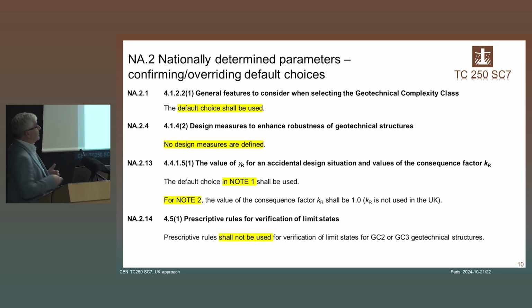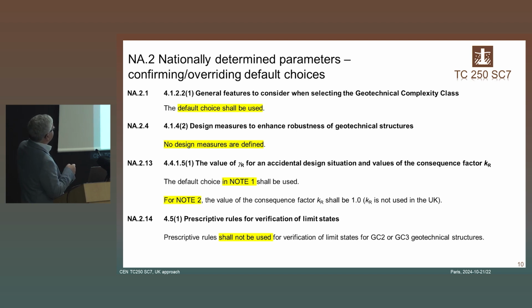Now, BSI have also insisted that each one of these decisions has its own unique BSI number. And so this is decision NA2.1, this is NA2.4, there are other ones which I've missed out here, hence the numbering isn't chronological. So each one is uniquely numbered. Now, I wasn't a fan of that. I didn't actually see the need for this at all, because really, as a designer, I'm only interested in that.